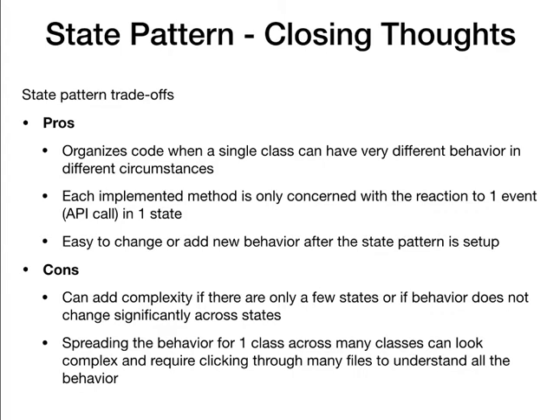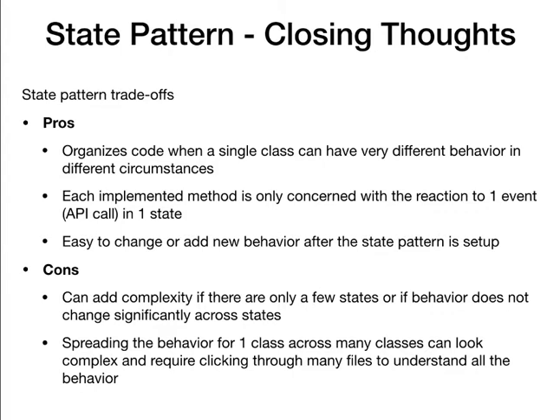So after all that, let's reflect a little bit on what we've seen with this pattern, mostly going over the pros and cons. So the pros: why did we learn about the state pattern at all? Why did we even bother? Well, if we have a class that we're going to instantiate into objects that have very different behavior under different circumstances, the state pattern can be used to really simplify the design and the implementation of all of that different behavior.